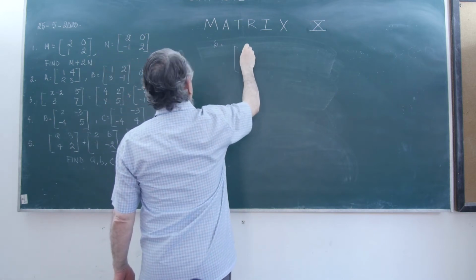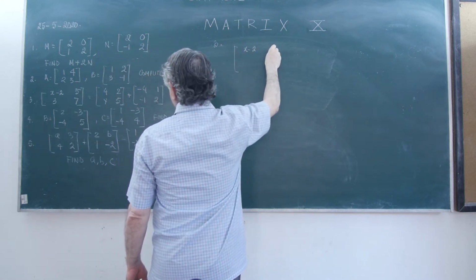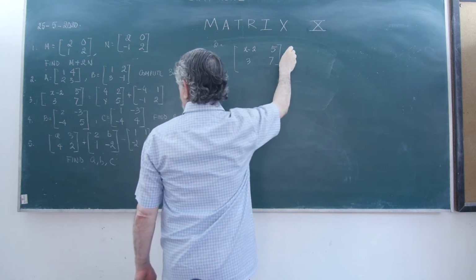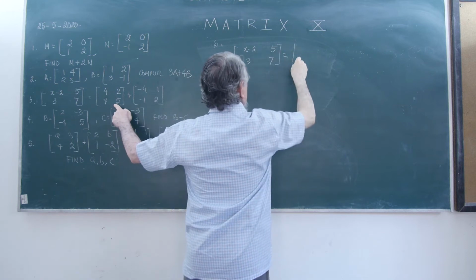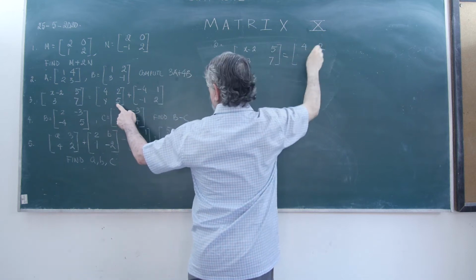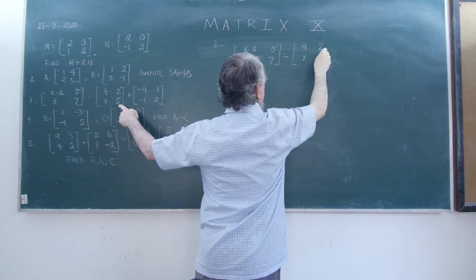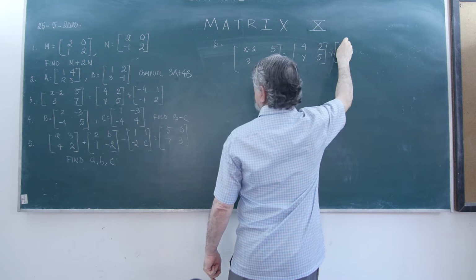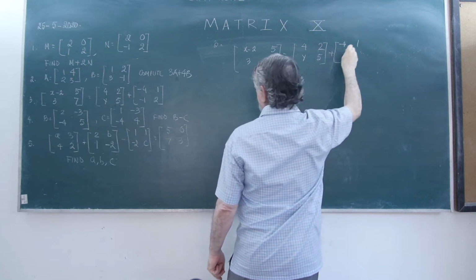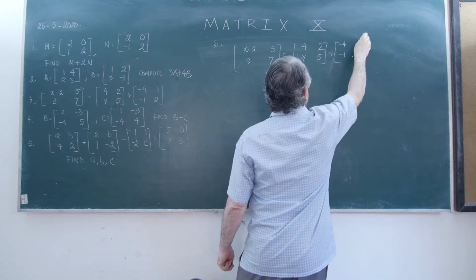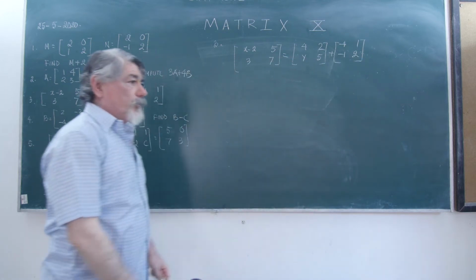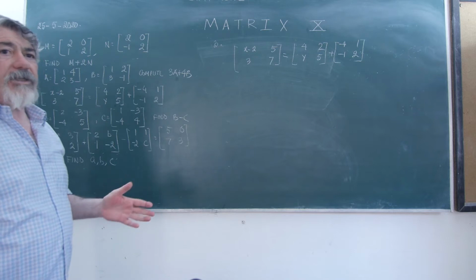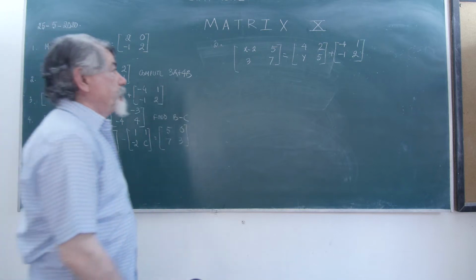It is given x minus 2, 5, 3, 7 is equal to 4, 2, y, 5 plus minus 4, 1, minus 1, 2. So we are going to add the right hand side matrices first.